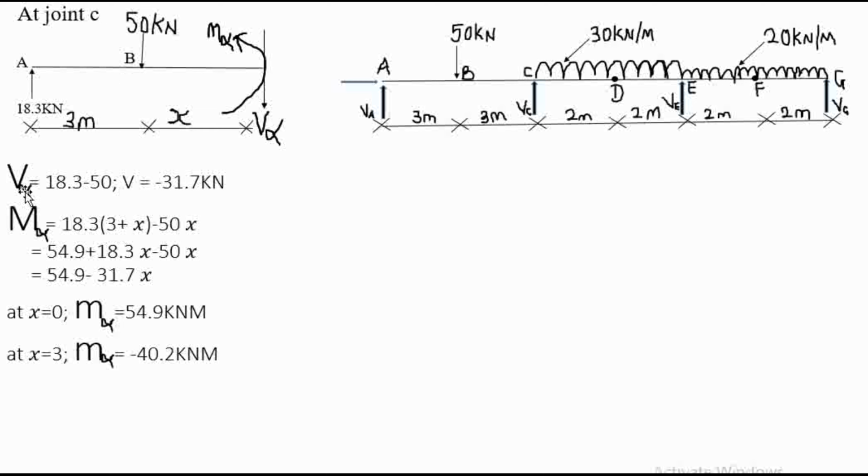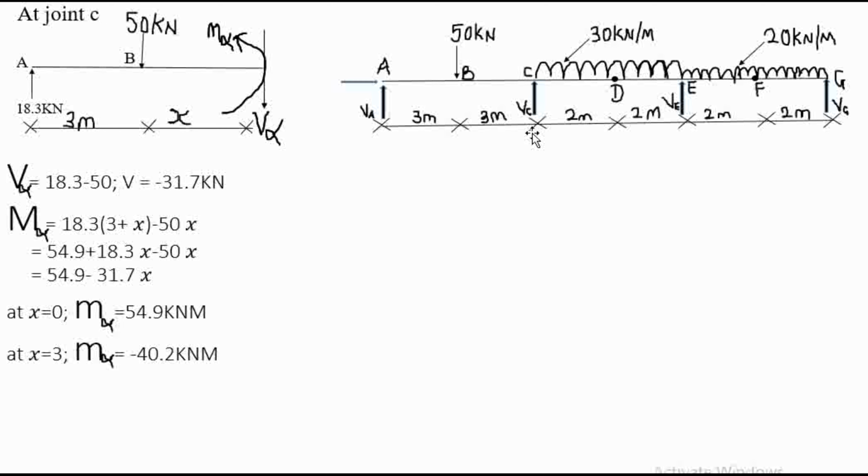When the 50 kilonewton force crosses the sign of equality, it becomes negative. That's why V alpha is equal to 18.3, which is going up, minus 50 kilonewton. That will give us V alpha equal to minus 31.7 kilonewton. So it is negative. Therefore, at point C, the shear force will go below the beam to the negative side.